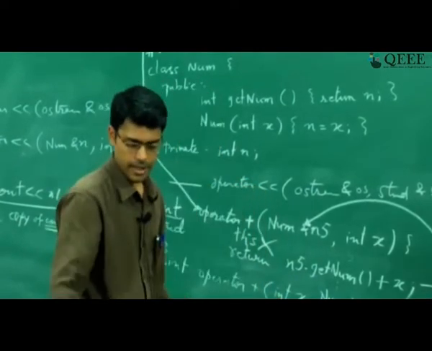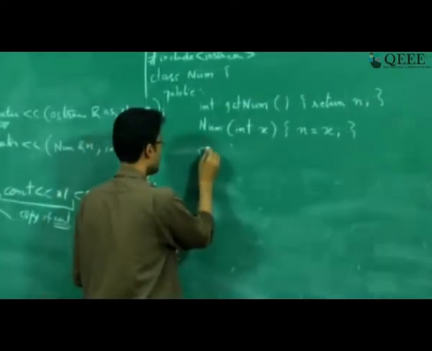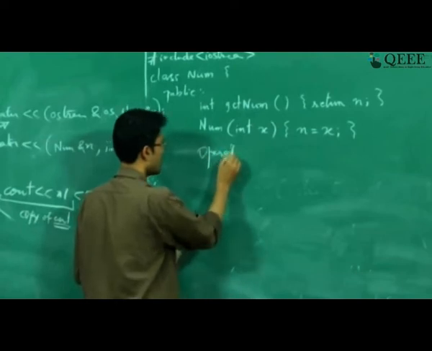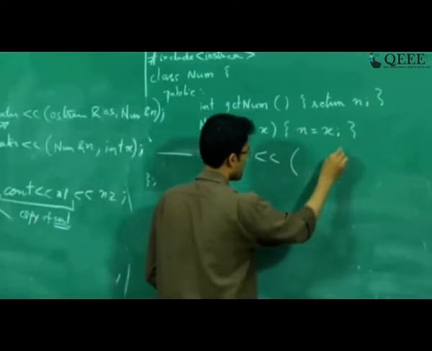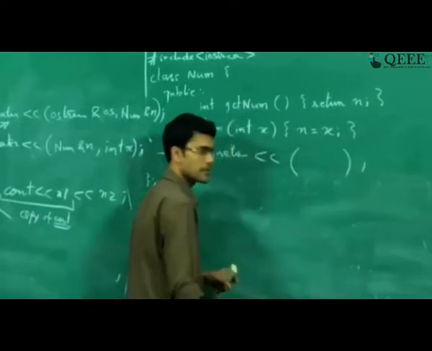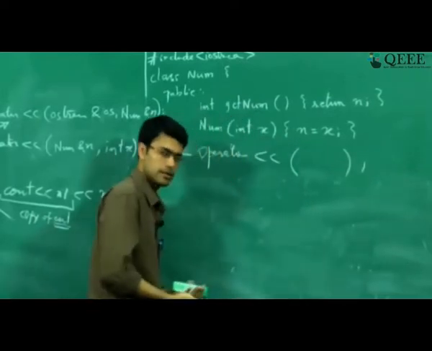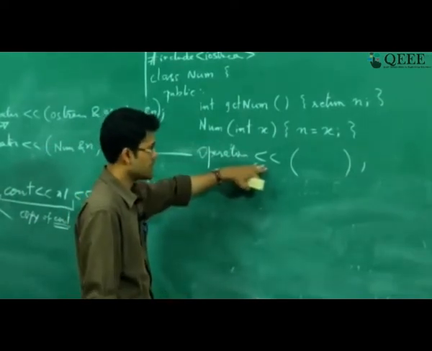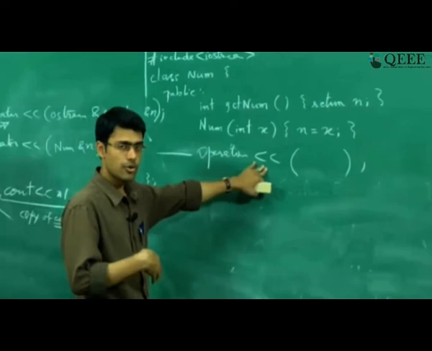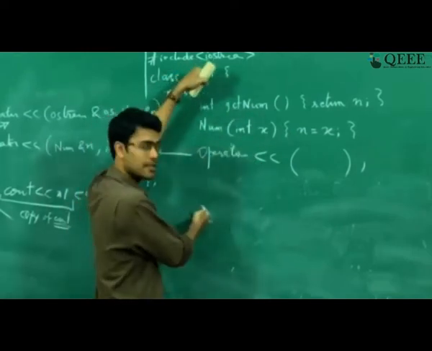However, what will this mean? Can it be defined here? Operator left shift, and there is some return type, and then it takes some parameter. What should it take? We should understand the way this left shift operator is going to get invoked if it is inside a class num.